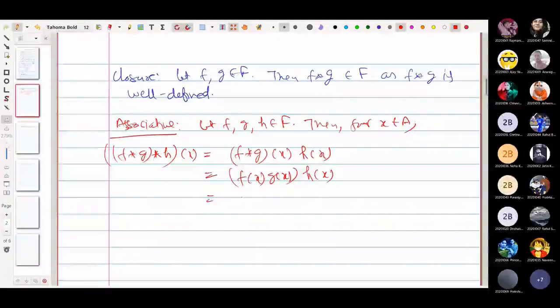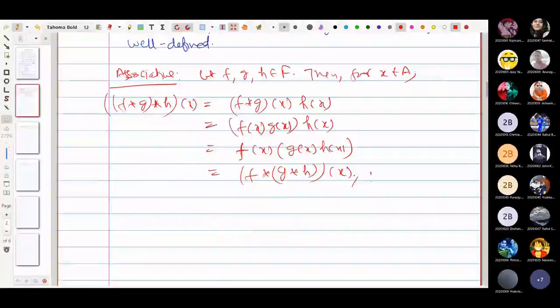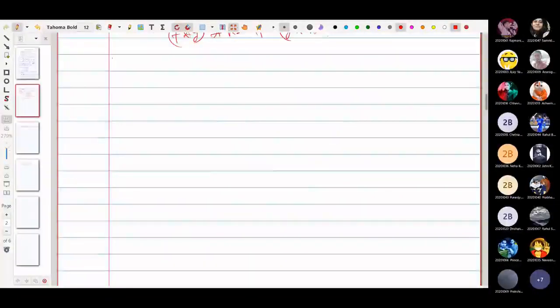Because this is a normal product, we can write f(x) and then g(x) h(x), and this equals (f star (g star h))(x). This is true for all x belonging to A. So this implies that (f star g) star h equals f star (g star h). So this proves that star is associative. The operation is associative, and then identity.